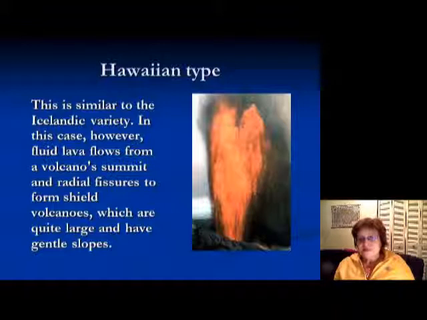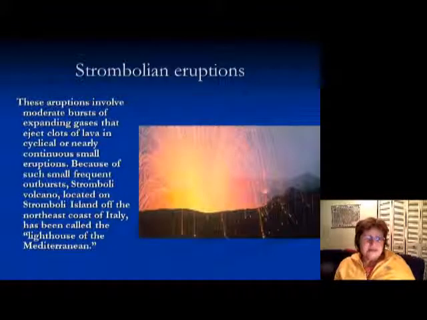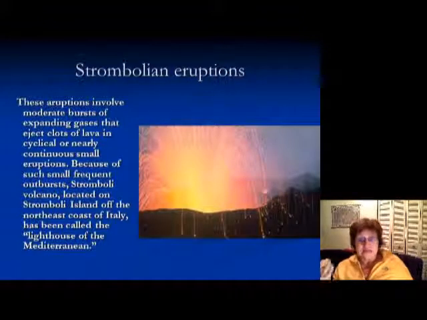The next one is the Strombolian eruption, and usually these eruptions involve moderate bursts of expanding gases. It's more viscous, so it can have gas build up, but it's usually not that big. Stromboli is one of the most active volcanoes ever.